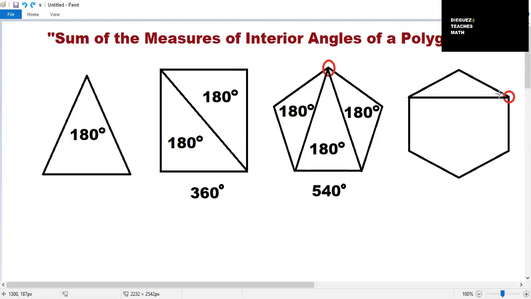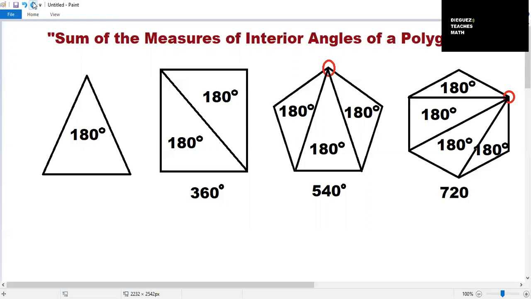Again, I can't start here because drawing a line from here to here doesn't create a triangle. So I move on to the next one, which is right there. Next one, the next one, and that's the last one. So 180 times 4, because there are 4 triangles, that gives us 720 degrees.